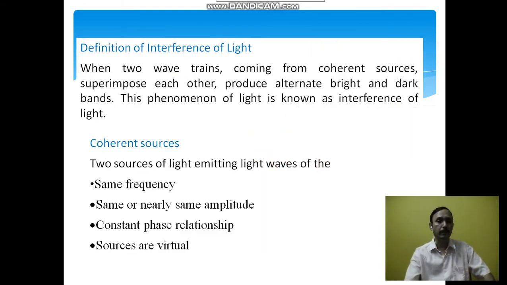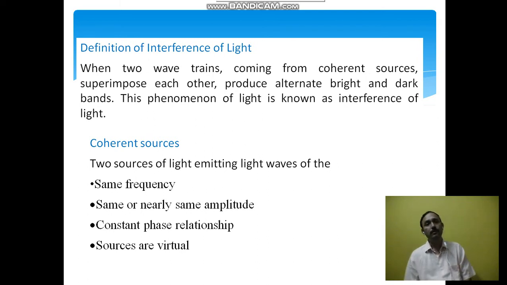Now, interference of light. What is the definition of interference of light? When two wave trains coming from coherent sources superimpose each other, they produce alternate bright and dark bands. This phenomenon of light is known as interference of light.